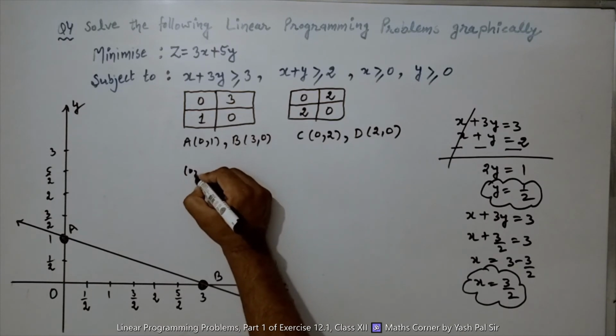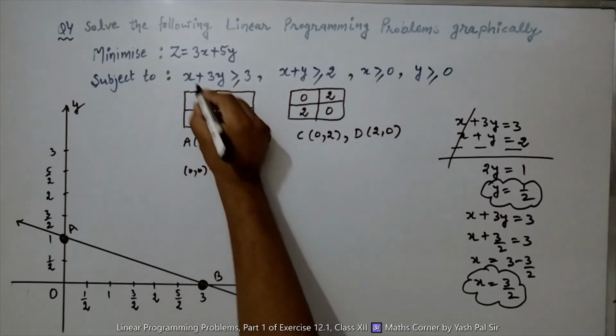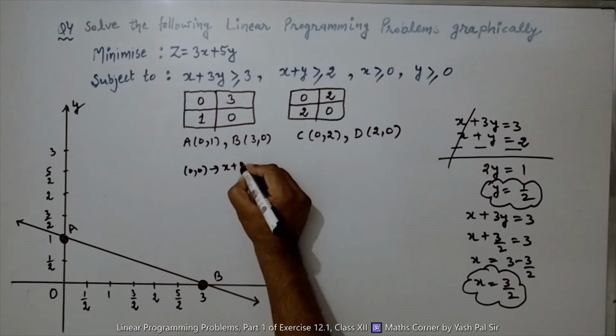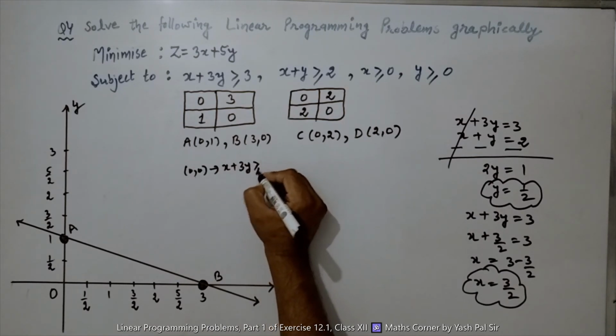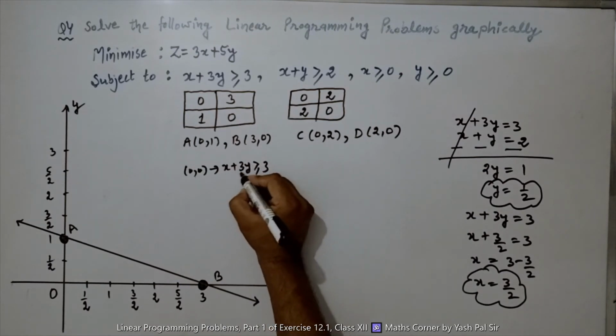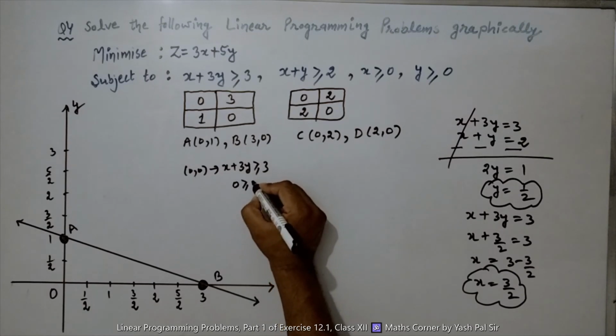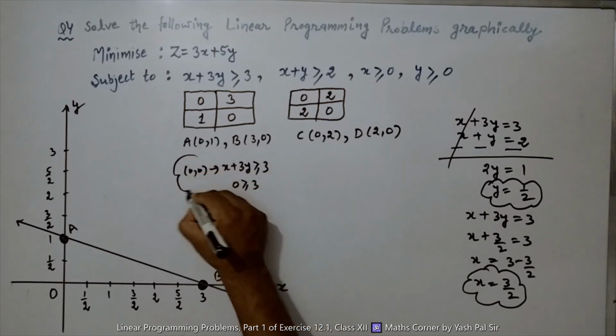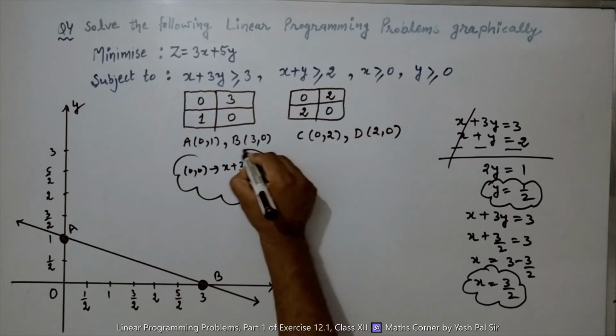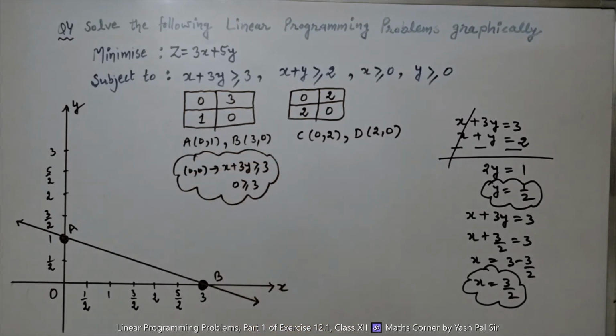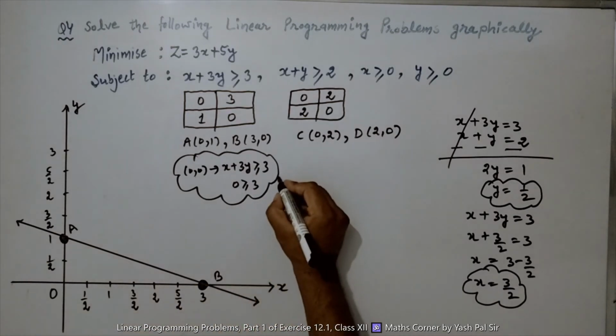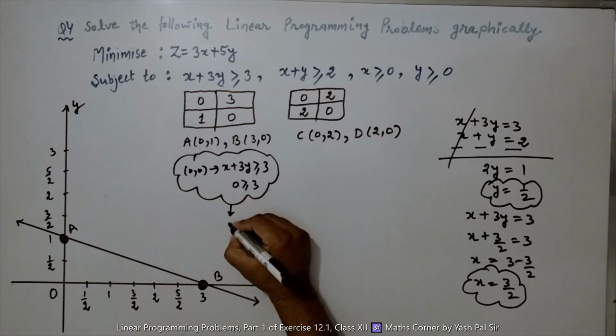Now 0, 0. We put x is 0, y is 0 in the inequality x plus 3y greater than or equal to 3. So this becomes 0 is greater than or equal to 3. What is the conclusion? Is 0 greater than 3? No. Is 0 equal to 3? No. So we cannot shade towards 0, 0.